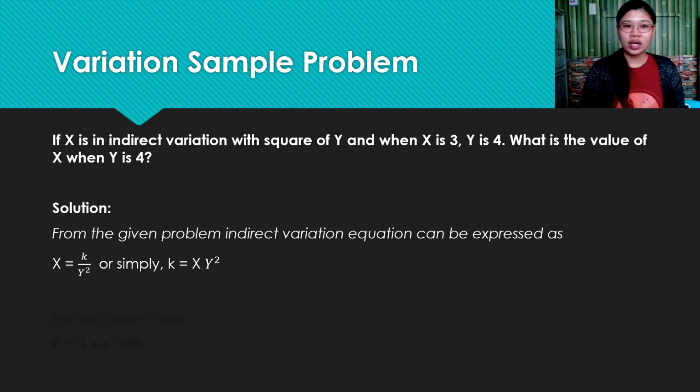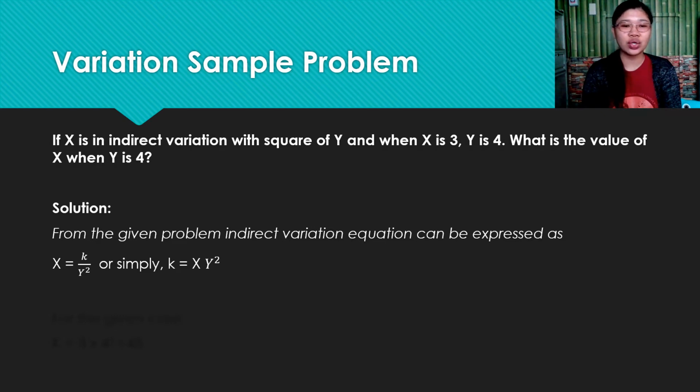If x is in indirect variation, or inversely proportional, or varies inversely as the square of y. As I have said, it is not always x and y. It can be another variable, or a variable that is raised to a square or cube. In here we have inverse variation in which our variable is squared.